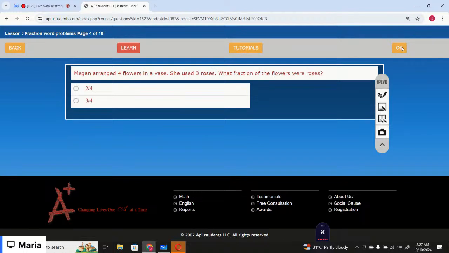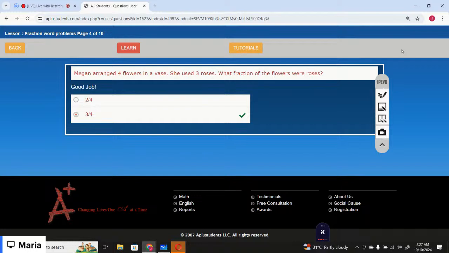That is 3 out of 4 because the total flowers are 4. So 3 of them are roses. That is 3 out of 4 are roses. Got it?